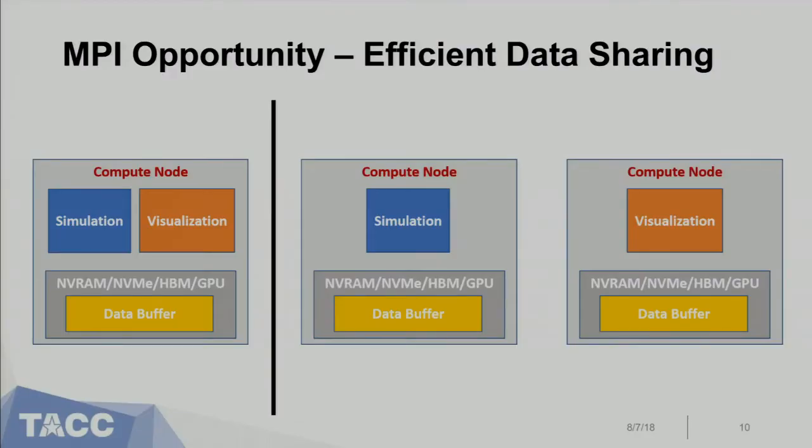So one opportunity for MPI to help is operating in this tightly coupled space where the visualization and simulation are running on the same node, and utilizing buffering to ease the ability for both the simulation and the visualization to iterate in time and analyze more than a single data step.